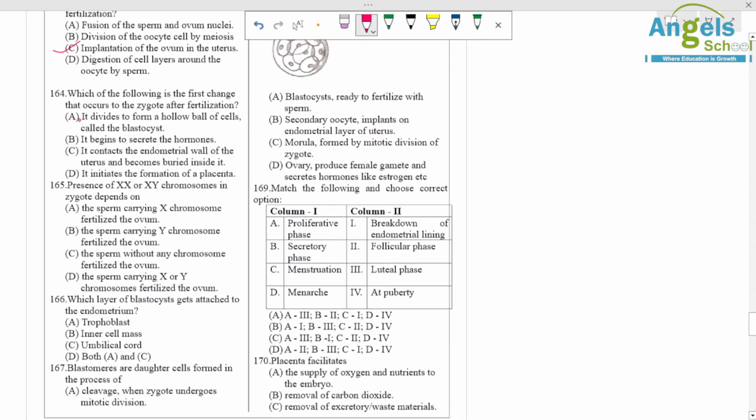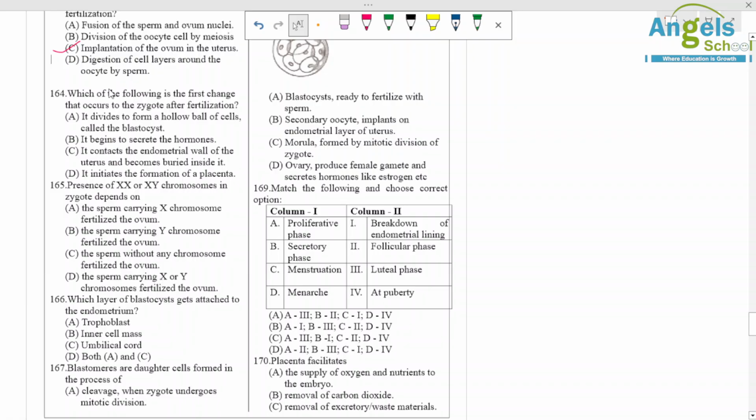Question number 164. Which of the following is the first change that occurs to zygote after fertilization? It divides to form a hollow ball of cells, that is blastocyst. It begins to secrete the hormone.